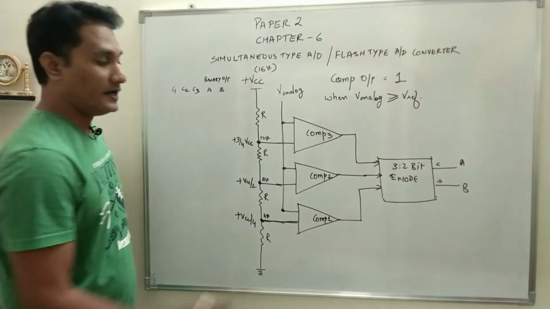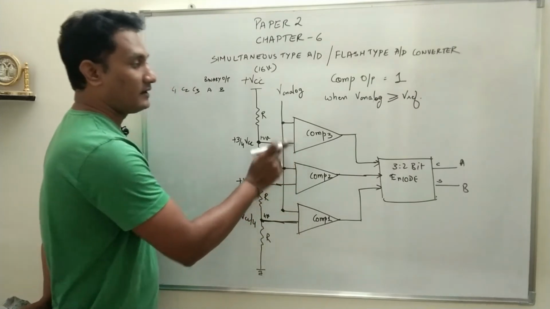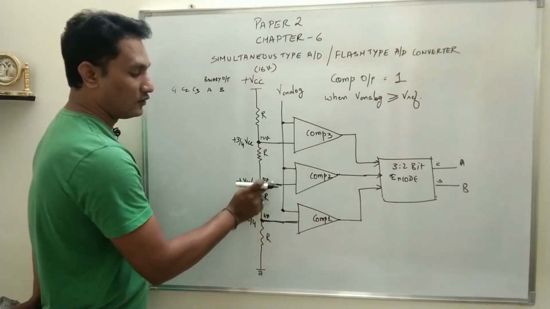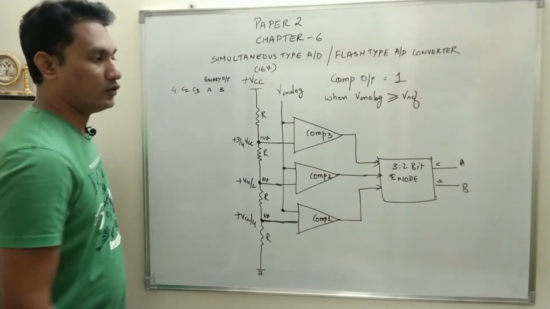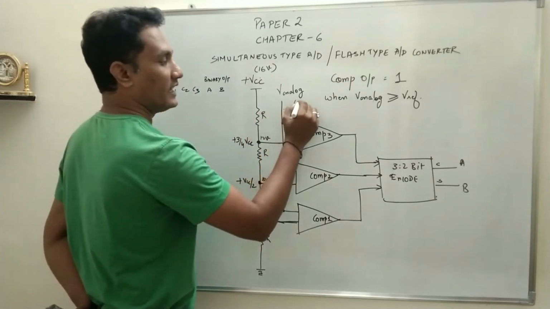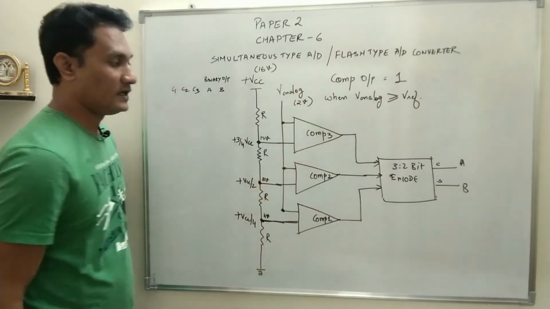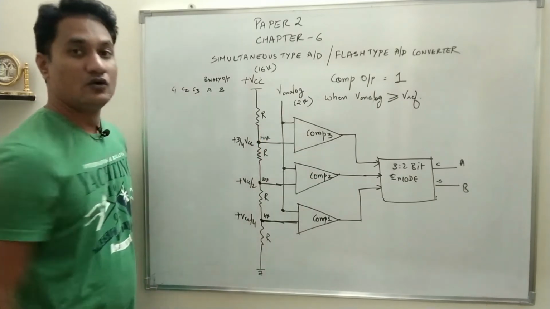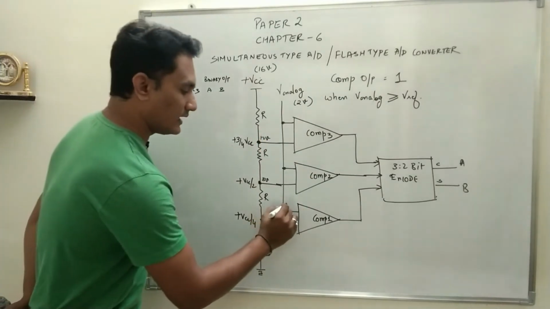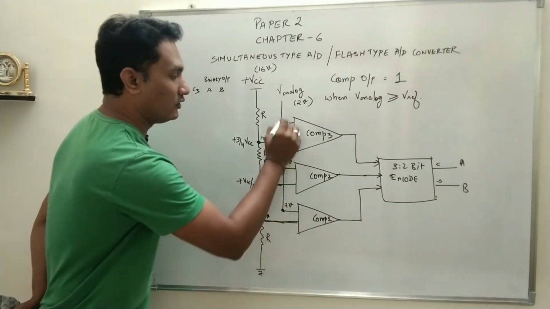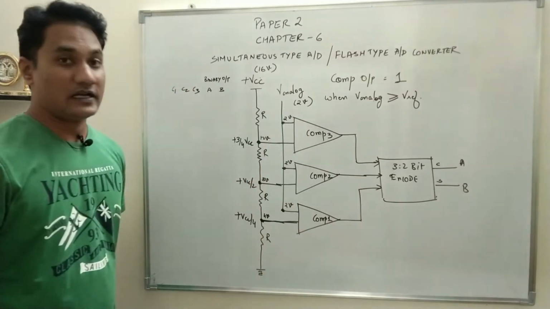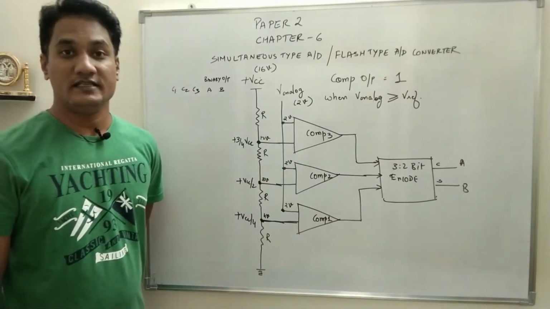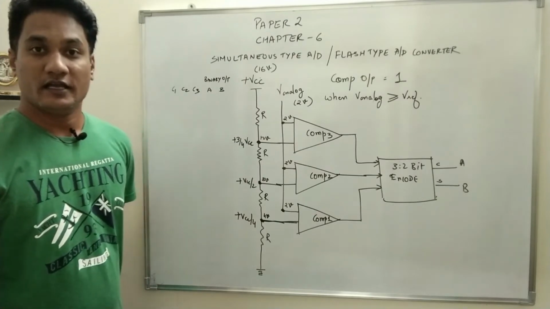Now these comparators will compare the analog voltage with the reference voltages 4 volt, 8 volt and 12 volt. Let us take an example where V analog is 2 volt. So at each of these places you have 2 volt. The comparator will compare the voltage and the output will be either 0 or 1 depending upon the input analog voltage.